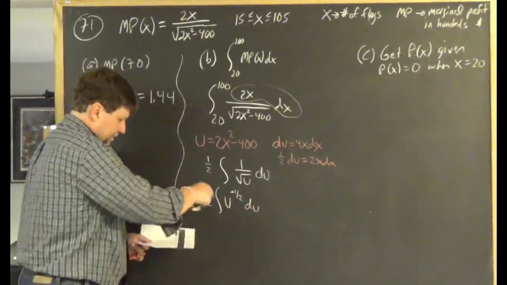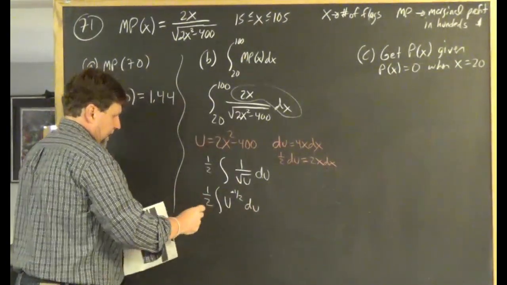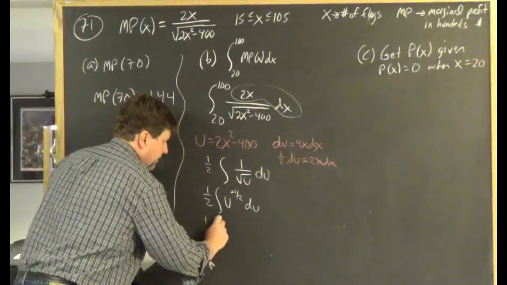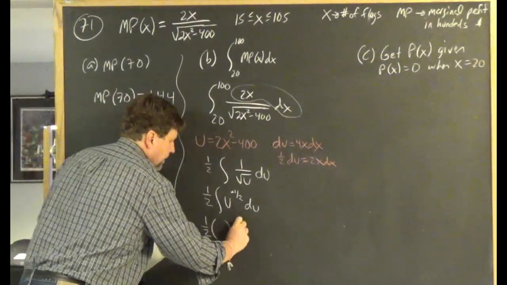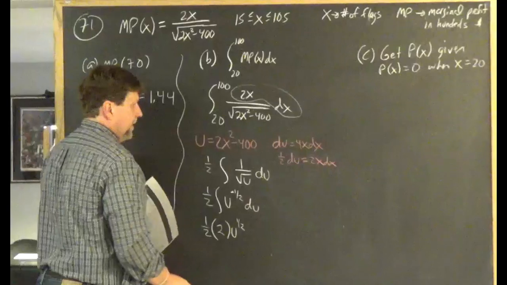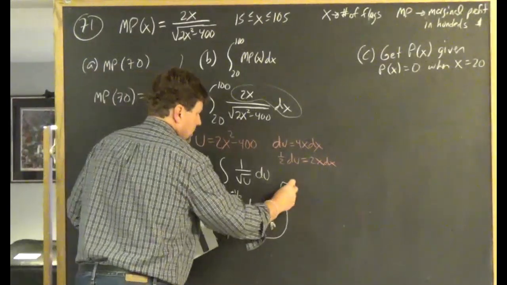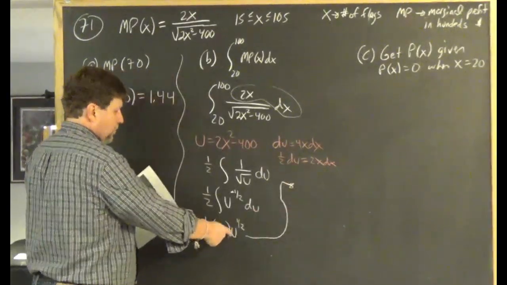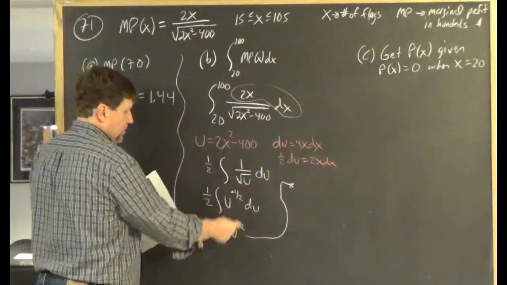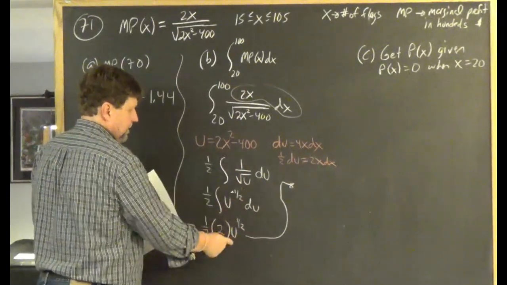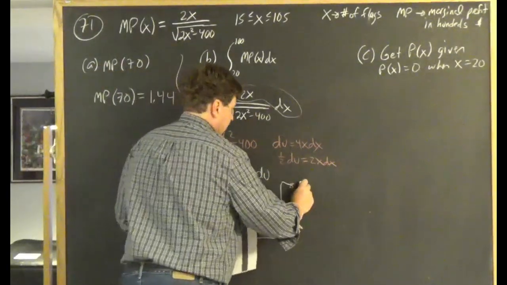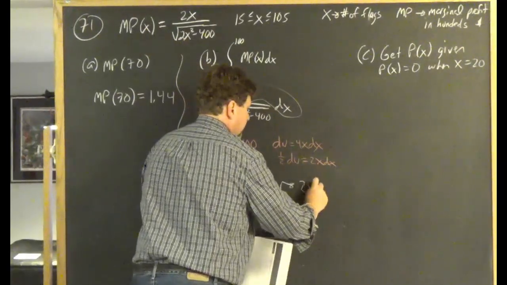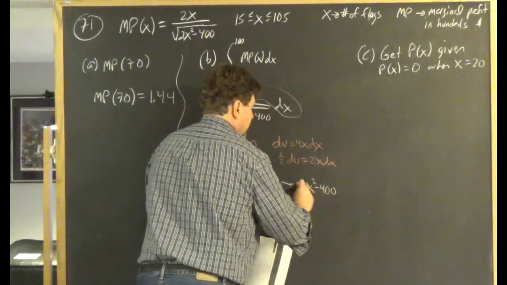And then when I get my antiderivative, I should get a 1/2. Let's see, this would be u to the 1/2. I'd have a 2 in there. So 1/2 times 2 is 1. Substituting back my u, I'd have 2x squared minus 400 to the 1/2 power.